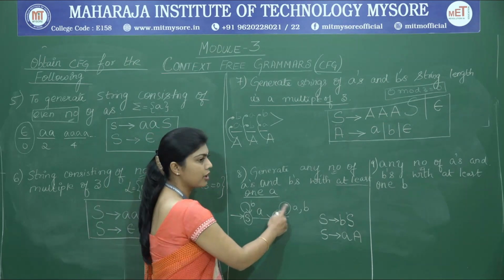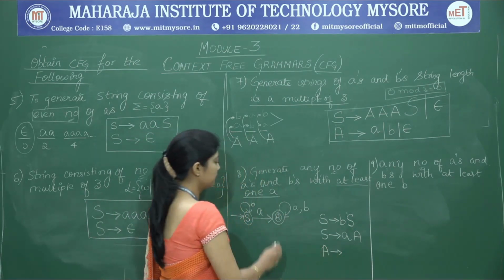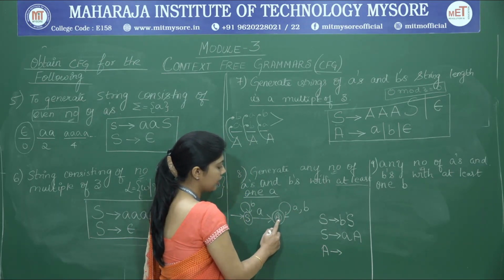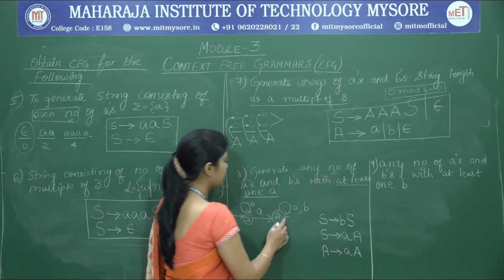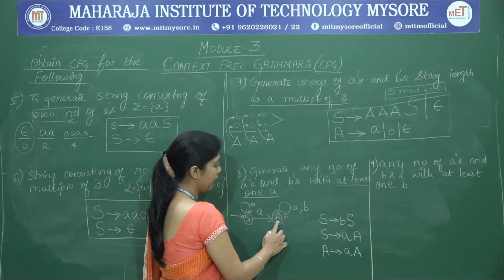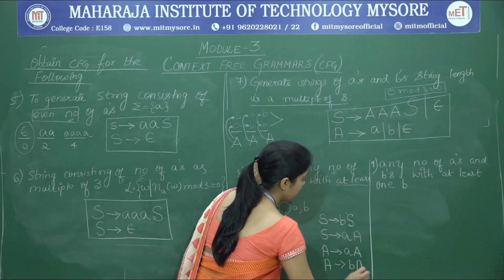Next, we'll see this transition. So A goes to, on A it is reaching A. So A goes to A A. Next, again on B, from A we are reaching A itself. So A goes to B A.